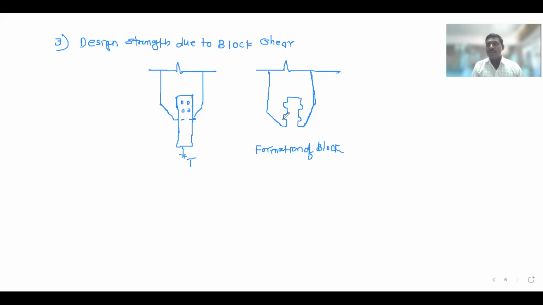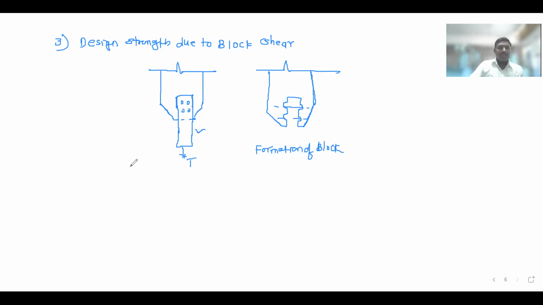Between these holes the whole section is cut, so two sides separate. This part is separated along these bolt hole lines. These are the lines of bolts, so along these rows your section will be separated. That is the formation of the block, and the failure we can call block shear.